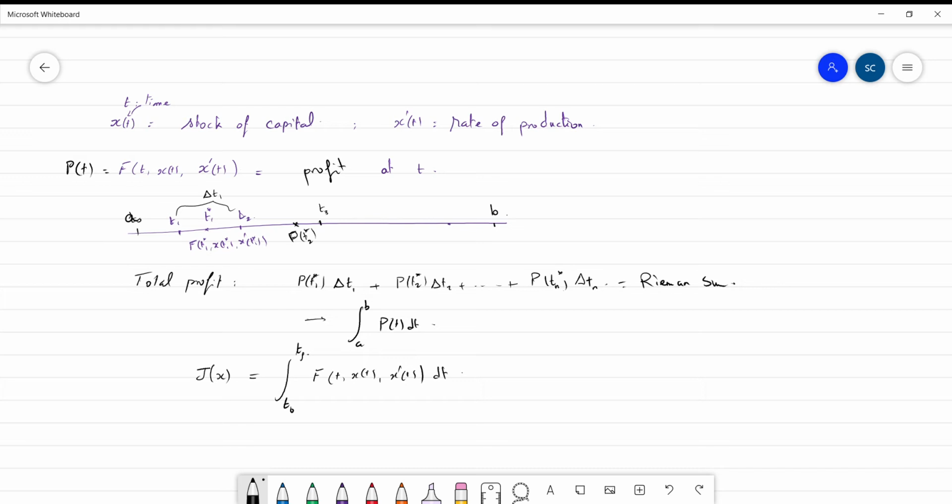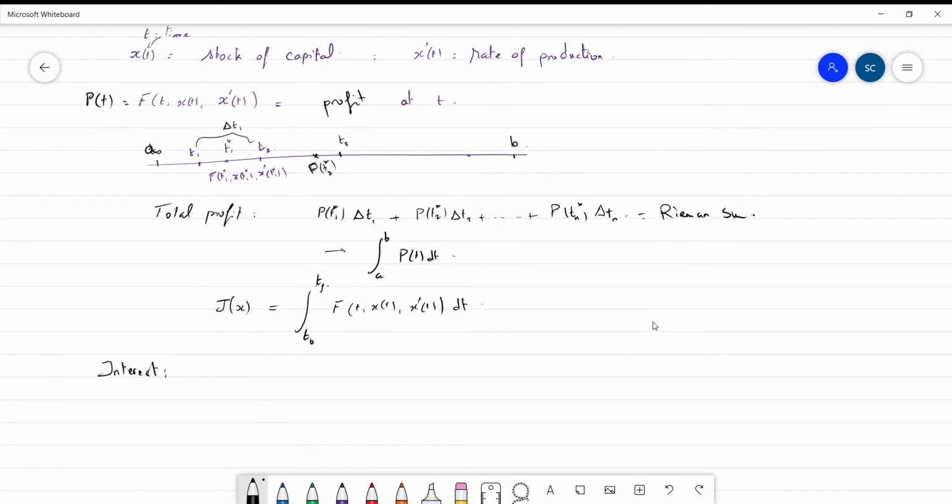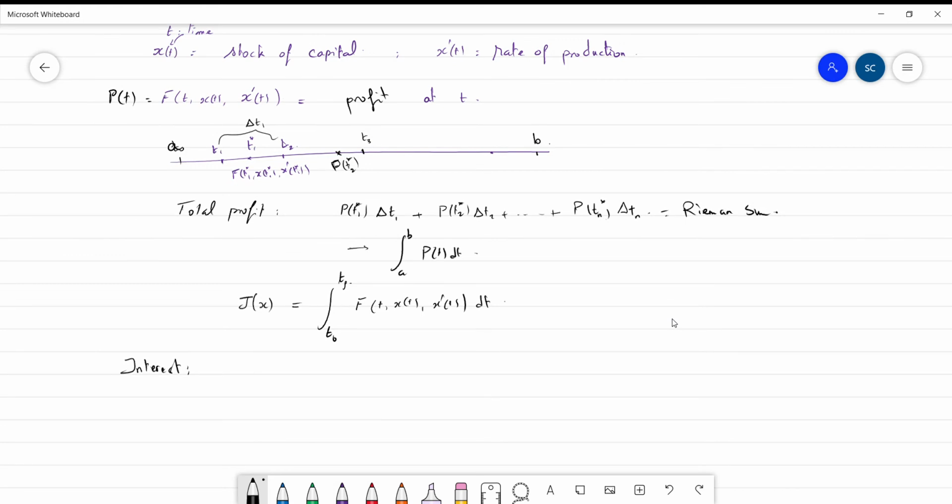Our interest now, the problem we are setting: what stock of capital x(t) will maximize the total profit over the time interval t0 to tf?